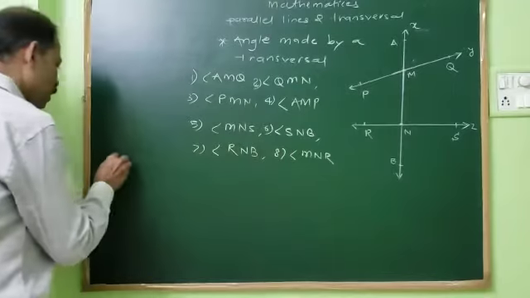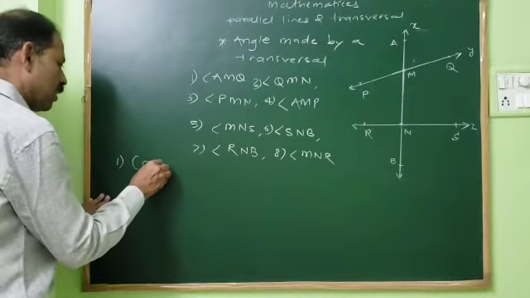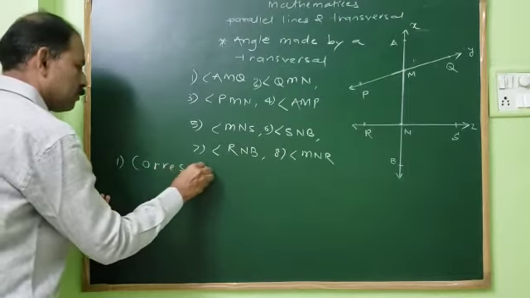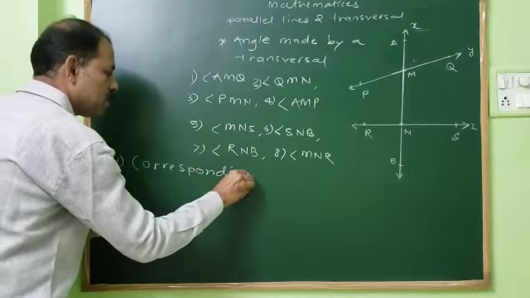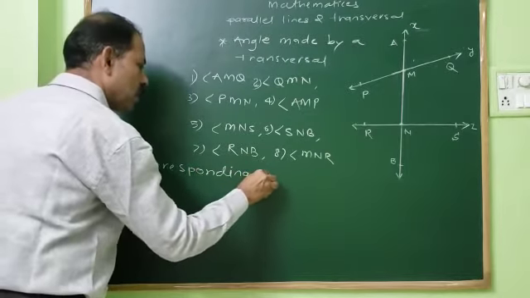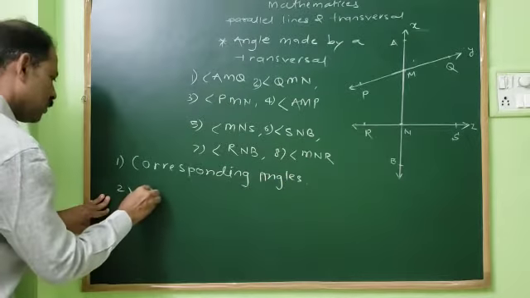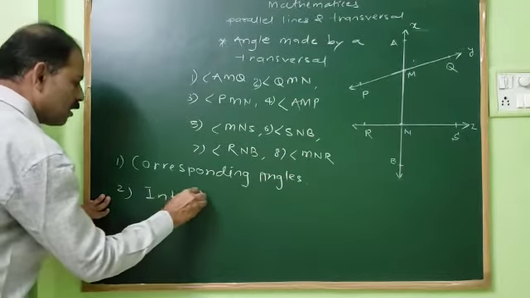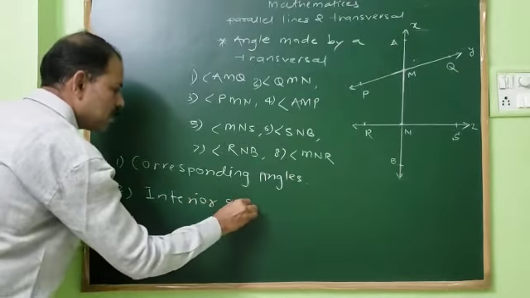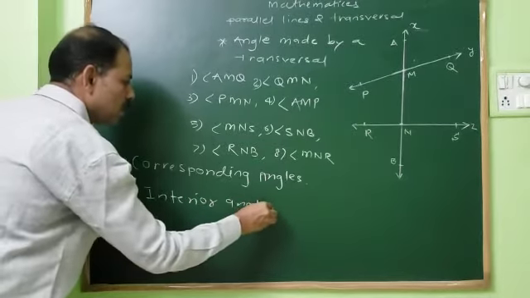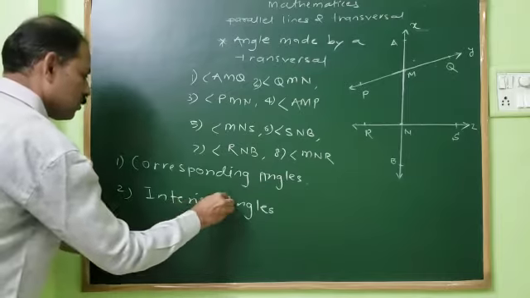The first pair of angles is corresponding angles. The second is interior angles.